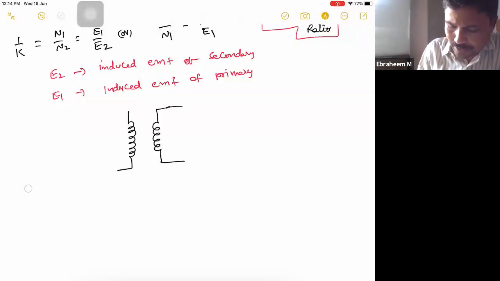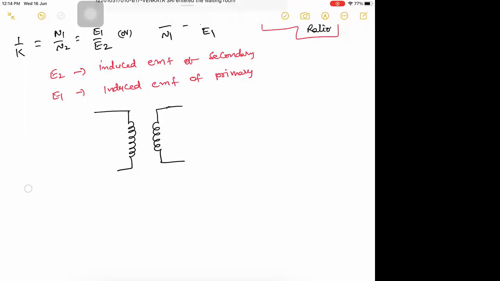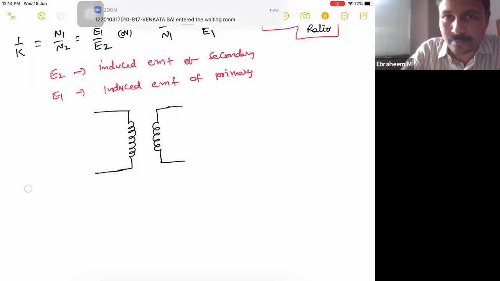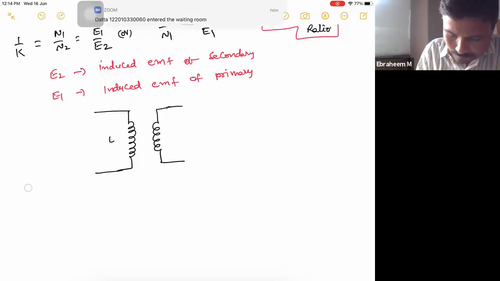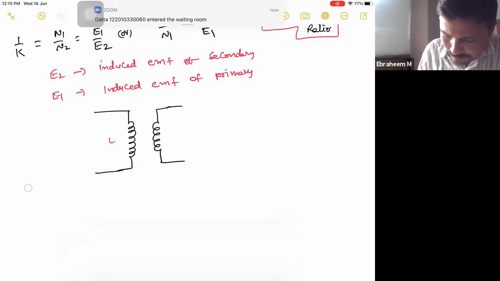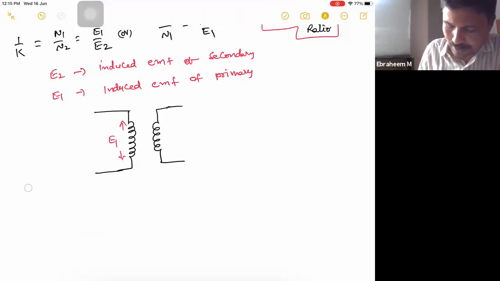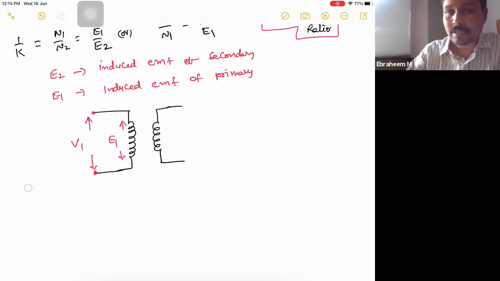In the beginning, I told you that you will have self-induced EMF as well as mutually induced EMF, right? E1 is the self-induced EMF in the primary coil, whereas V1 is the applied voltage to the primary.